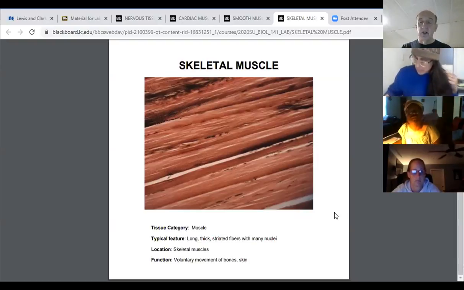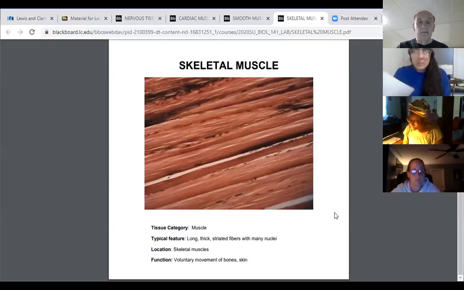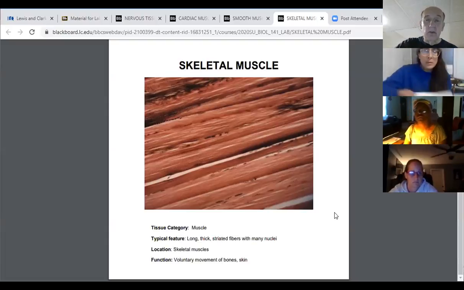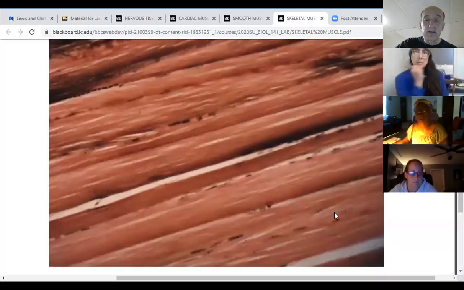We have muscles for that, and we have to move skin to create a facial expression. So what I'm going to attempt here is to zoom in on the image, and I hope I won't lose anybody in this process.